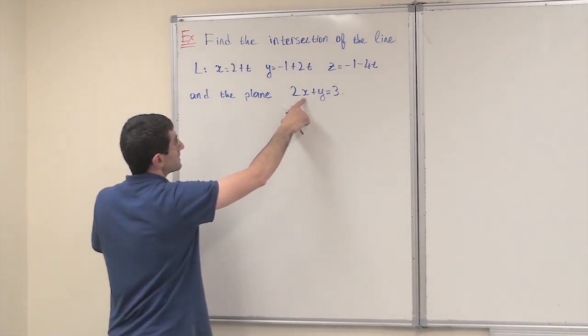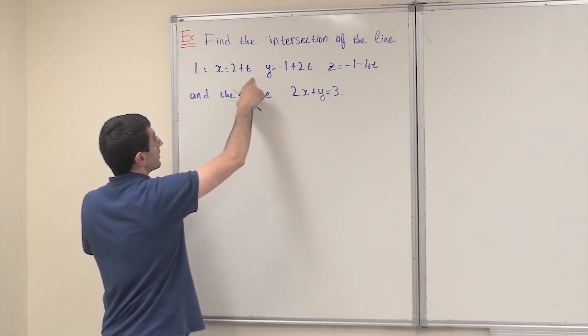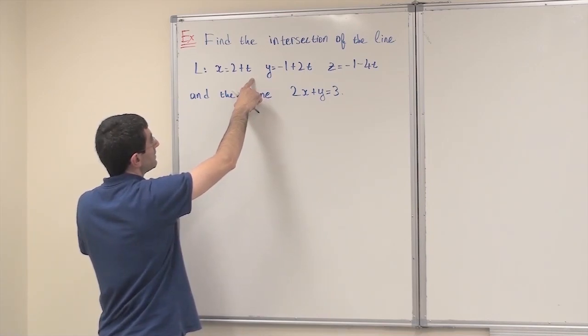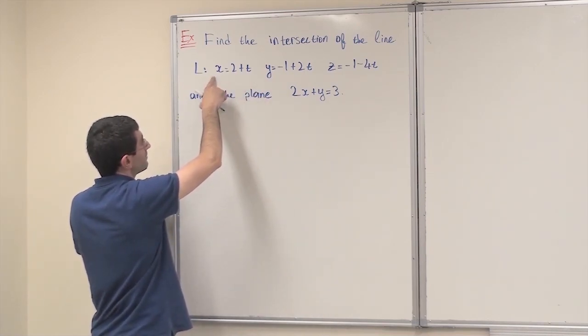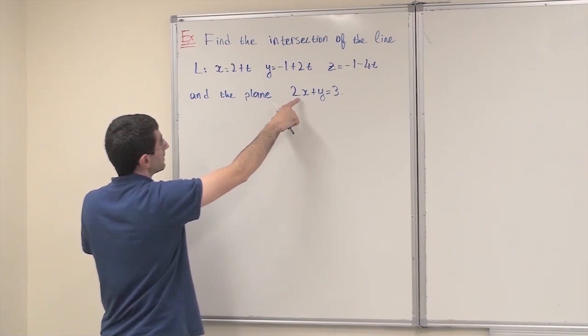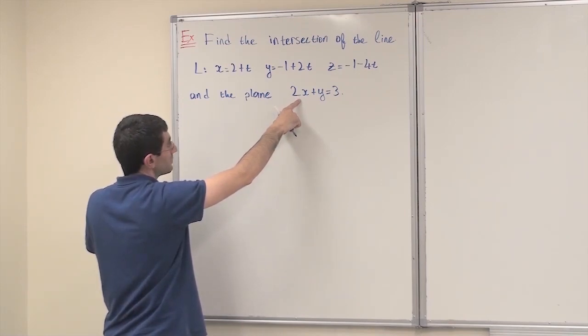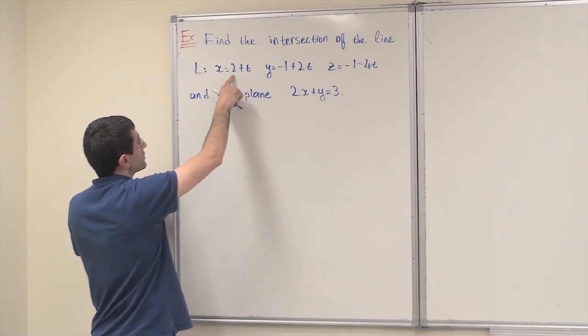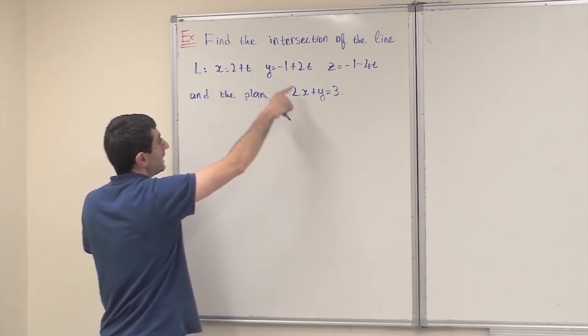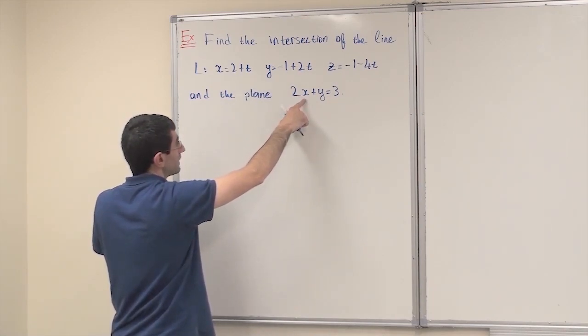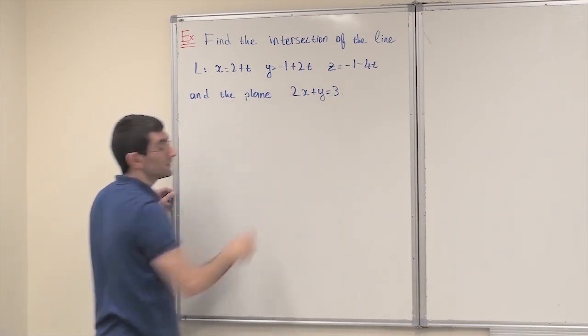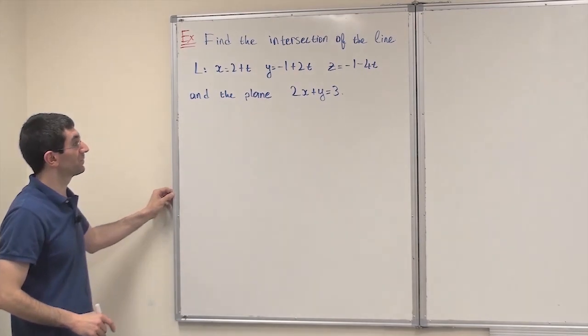But in this case, because of the way the equations are given, the line is given by the parametric equations and the plane is given by a Cartesian equation, we have to substitute the parametric equations of the line in the Cartesian equation of the plane and first find the value of the parameter.